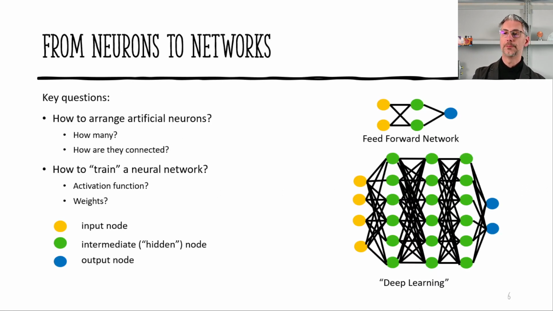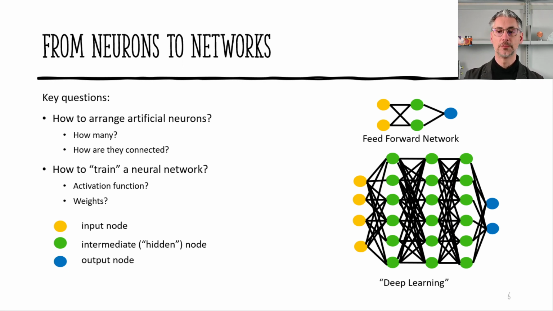And this is how we build networks. We have the same fundamental principles. We have an input neuron that produces an output based on the activation function. So this is the same key idea from the biological brain, and really this is where the similarity ends. The key questions we need to ask ourselves are now, how do we arrange these artificial neurons?